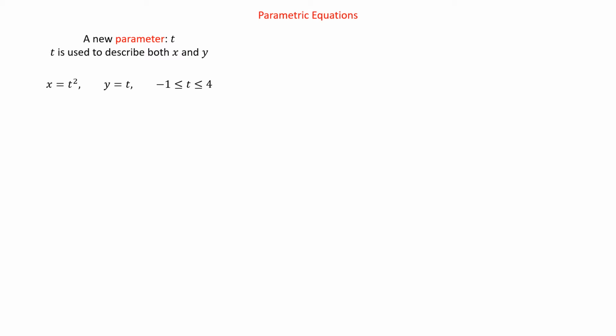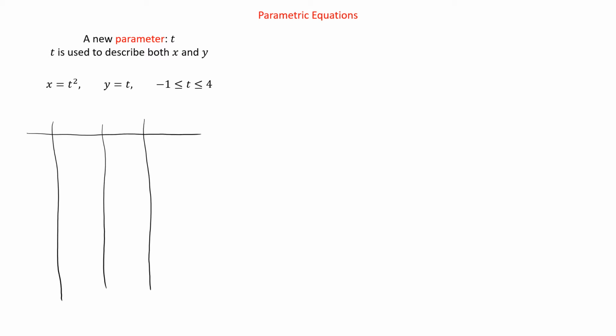So one of the things we could do with this, if we wanted to graph it, because we don't know exactly what this looks like, is we can just make a table. When you make a table here, you're going to have 4 columns, because you're going to have your t, your x, your y, and then the 4th column would just be the point, which is x, y, which is already given.